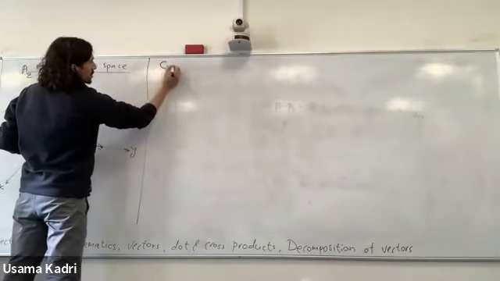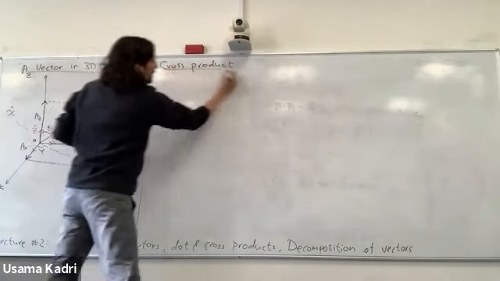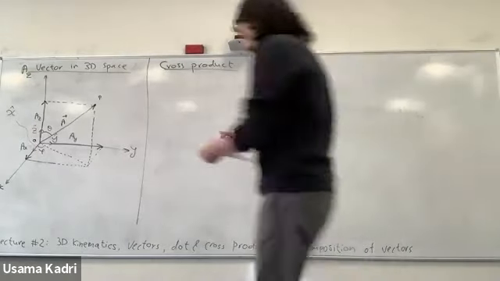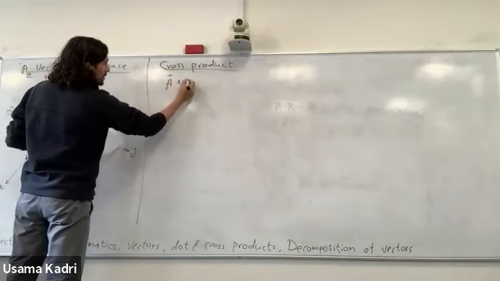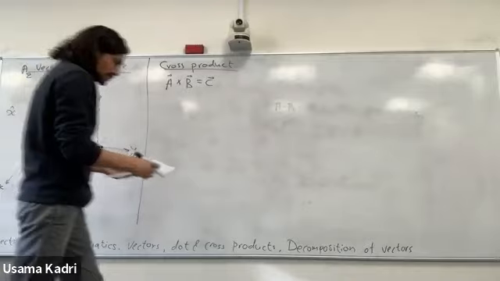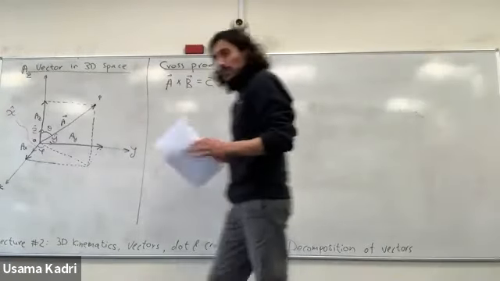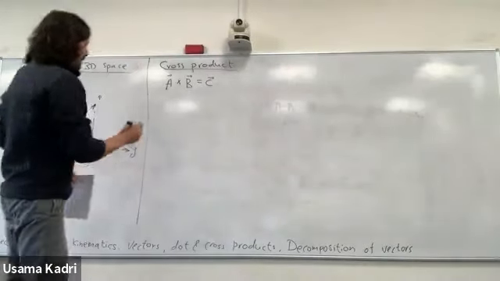So we have now the cross product. And again, there are two ways of finding the cross product. You have A cross B equals C. The first way of doing it is time consuming. I do recommend that you stick with it because it's quite safe.